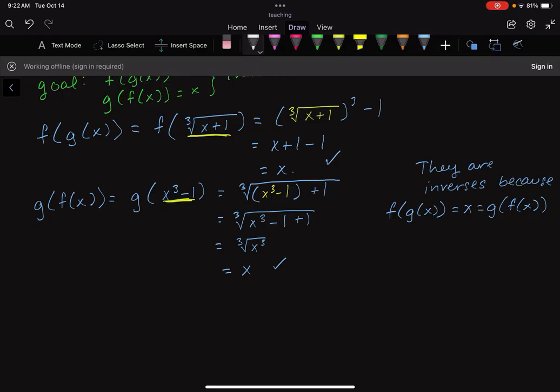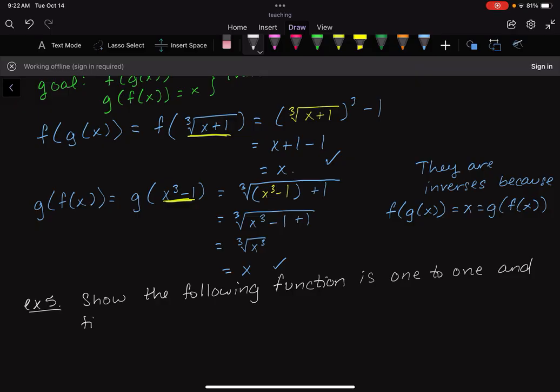Now for my last problem, I just want to do one more of showing one-to-one and inverse. So show the following function is one-to-one and find the inverse function.